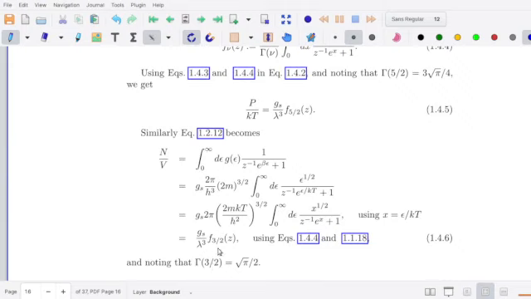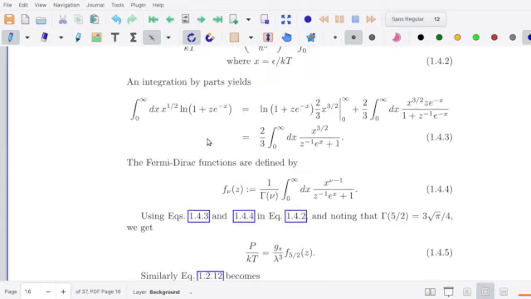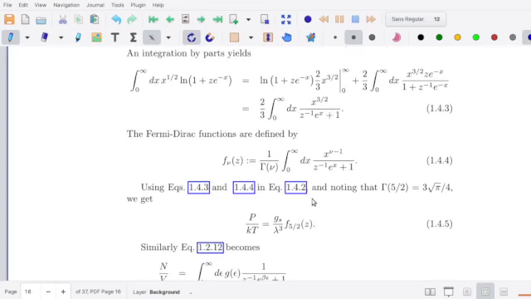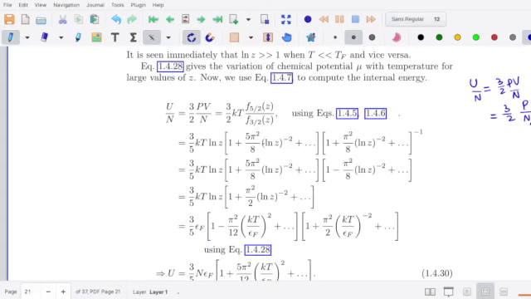N by V equals gs by lambda cube times F3 by 2 of z, and P by kT equals gs by lambda cube times F5 by 2 of z. So therefore PV by kT equals gs by lambda cube times F5 by 2 of z, and N is equal to V by lambda cube gs F3 by 2 of z.